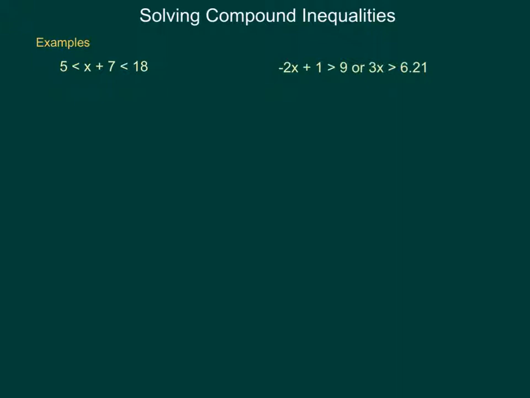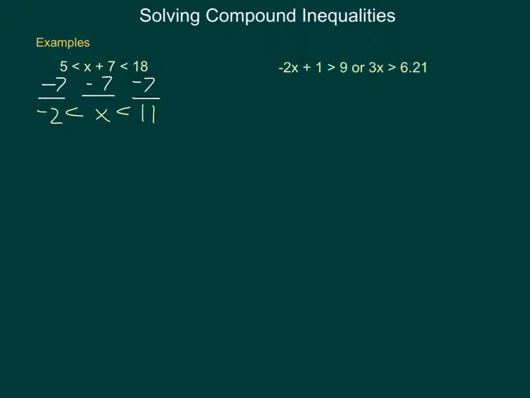So with my variable here, x, trapped in the middle, I have addition, and I'm going to subtract 7 from all pieces of this inequality, and what I will get is negative 2 is less than x, which is less than 11.